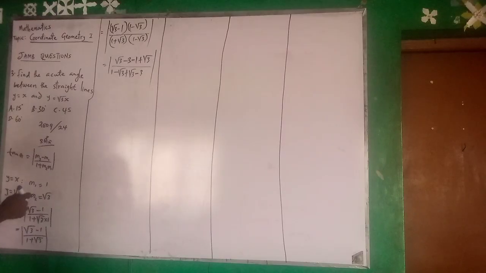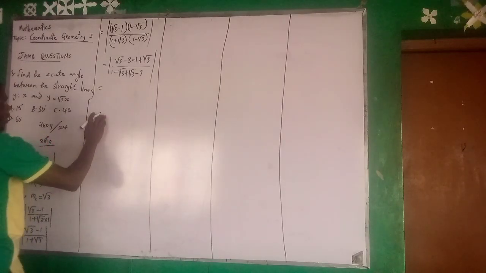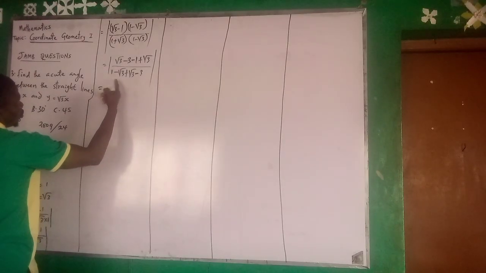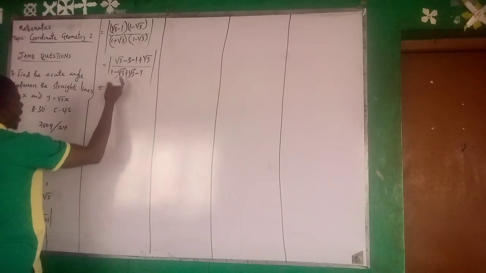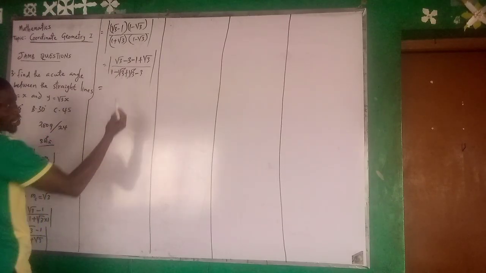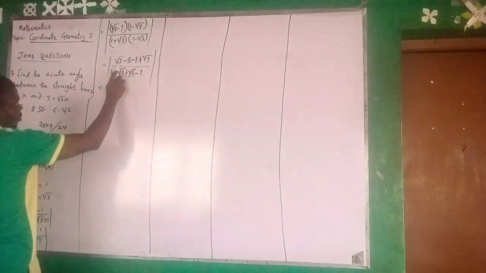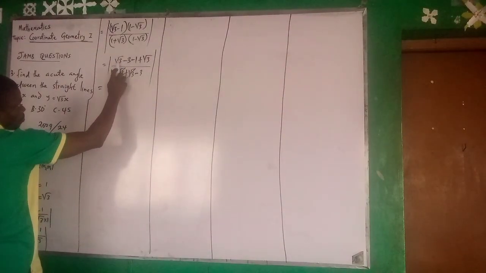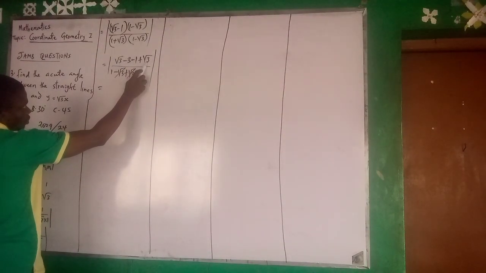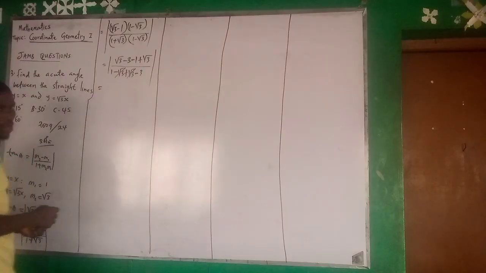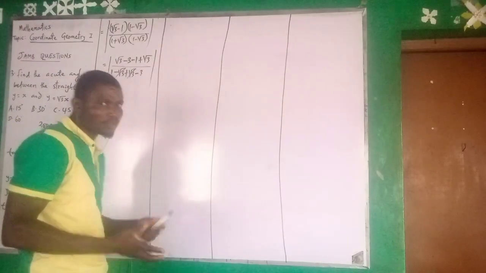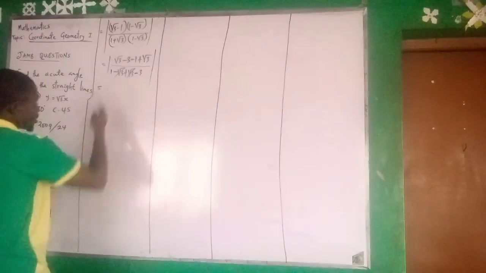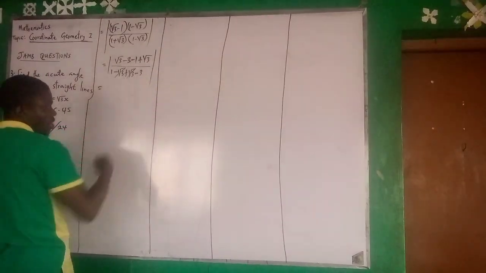Now let's simplify. I think this can cancel out, right? Then here you can collect like terms. Root 3 plus root 3 plus root 3, right? They taught you how to add surds. Surds of the same kind can be added, right? You add the coefficients, and 1 is here, 1 is here, right?